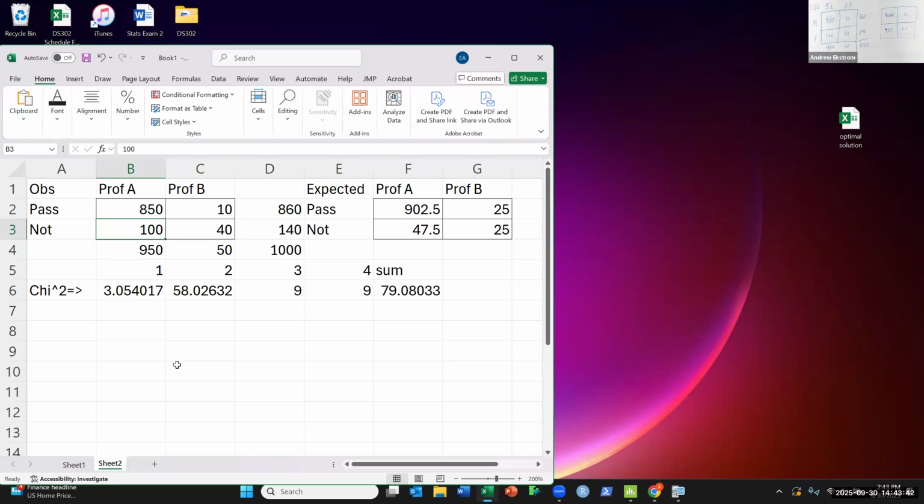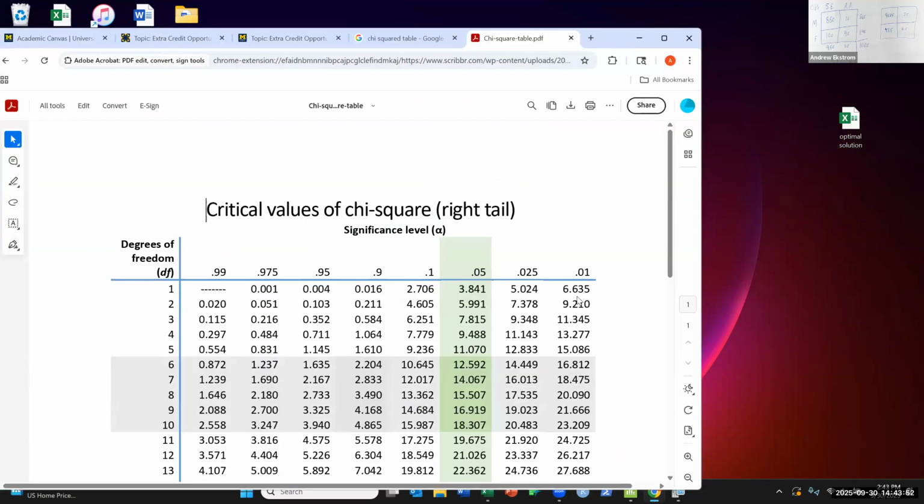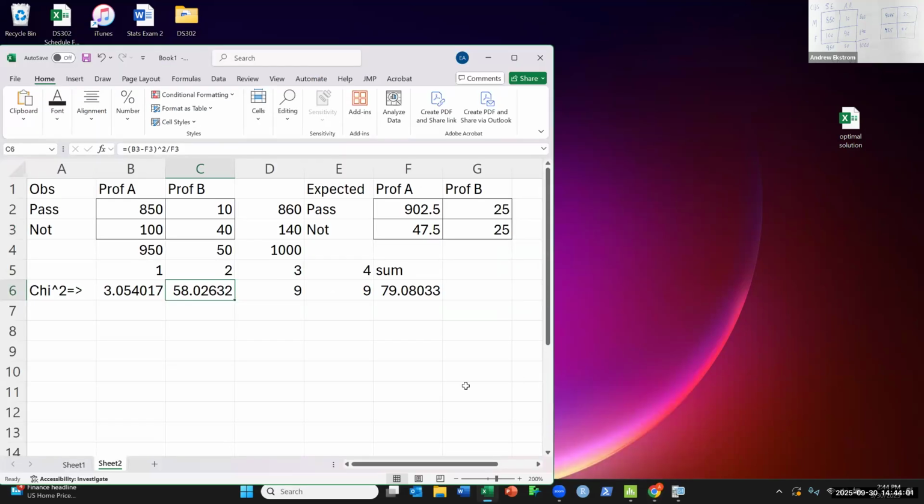What are we noticing about the value here? We already saw in the table that even at the 99% confidence level, so again, this is still going to be 1 degree of freedom, if we have a value above 6.6, we would say there's a statistically significant difference between what we observed and what we expected.